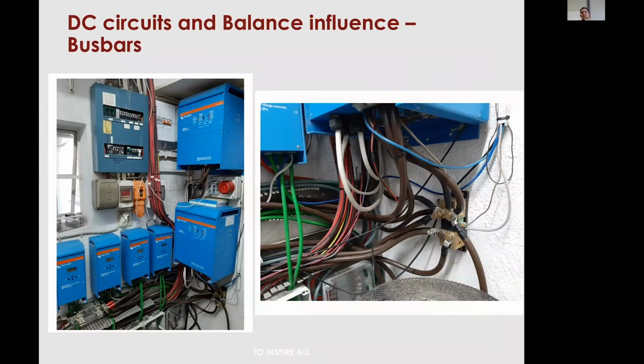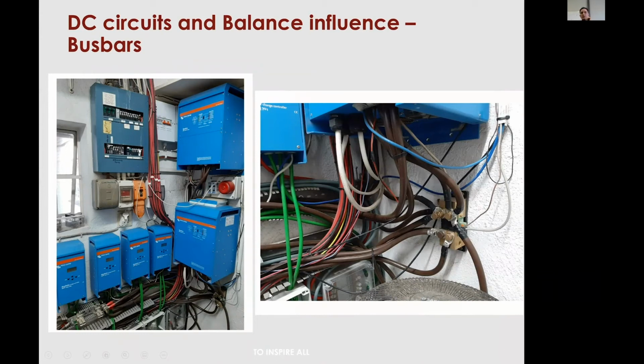Here is a huge site. This is actually a 5-battery site with lots of solar chargers and 2 inverters. And you can see all the cabling for the solar panels coming all the way down here into here.